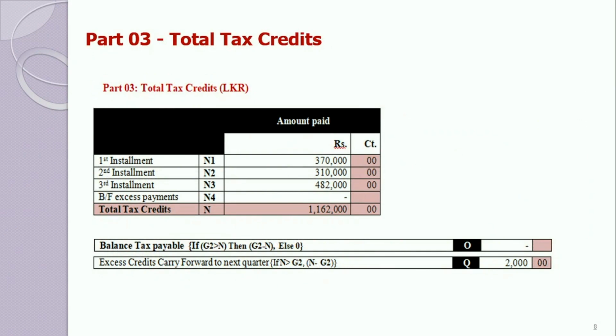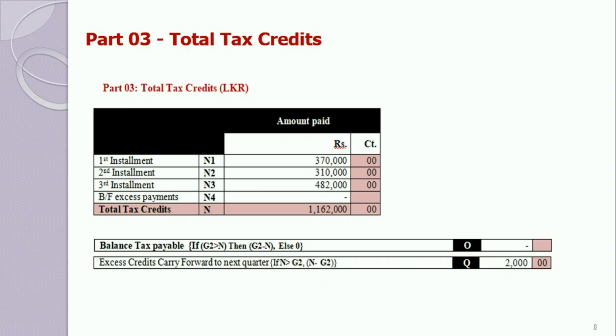You are required to declare the payments made in respect of each month of the relevant quarter in Part 3 under the total tax credit. Then calculate the tax payable or any excess tax credit for the relevant quarter.